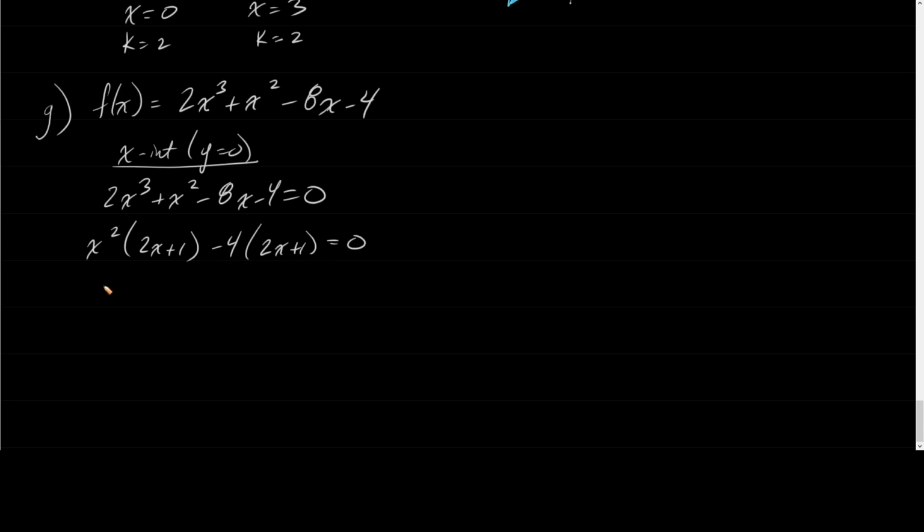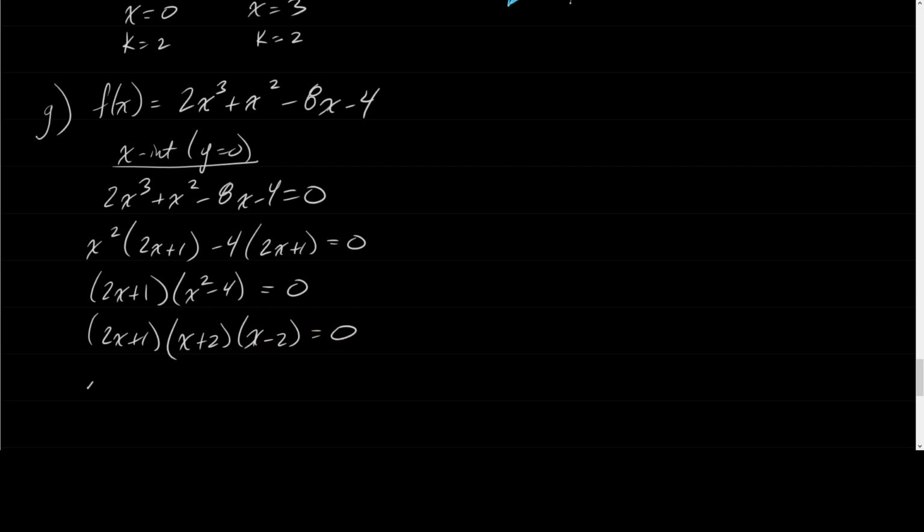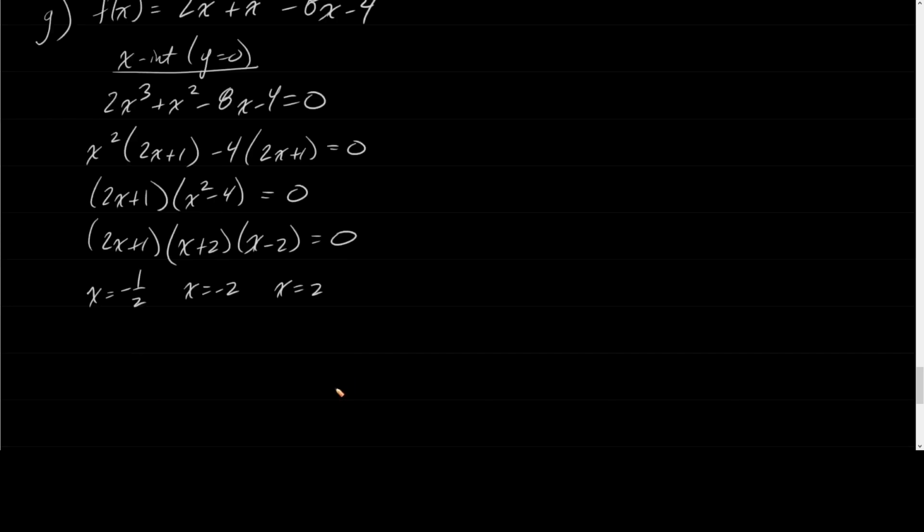So what I really have here is 2x plus 1 times x squared minus 4, which, if I continue to factor, is 2x plus 1 times x plus 2 times x minus 2, giving me all the zeros of negative 1/2, negative 2, and positive 2. All right. In each one of these, the multiplicity is just 1. There's an invisible 1 there in each one of these. So technically, they don't repeat.